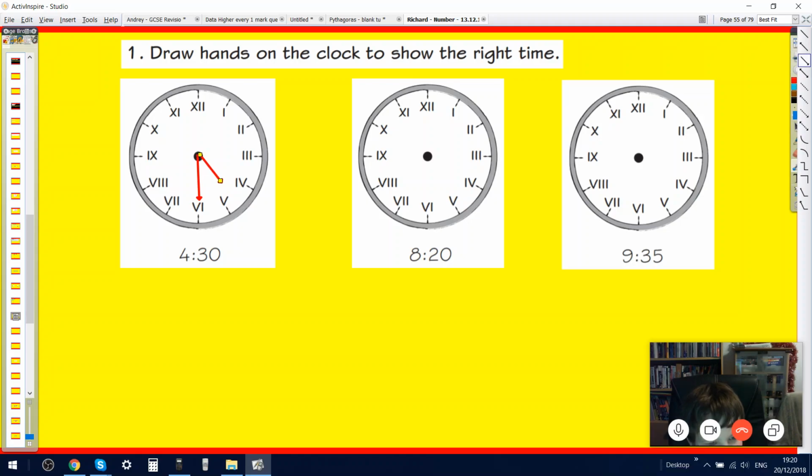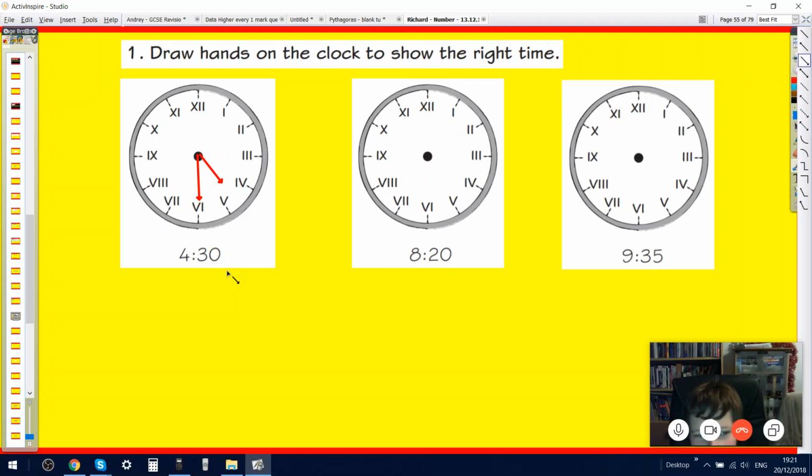Okay, and how about the last one? 9:35. So the minute hand would need to be pointing where, sorry?